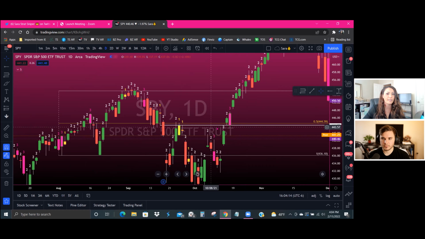I never knew where to exit. And people would call this support. And what I had to do in my mind was change it from the word support to the word target. This is not support. Support always breaks, which is why we have broadening formations, because we'll always break through resistance and make a higher high.